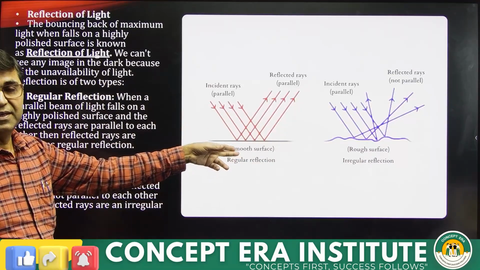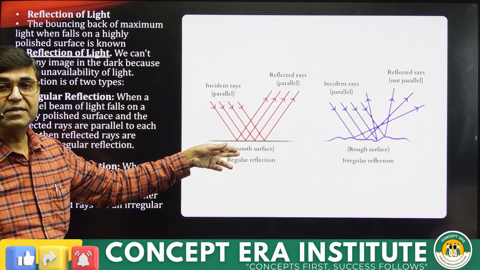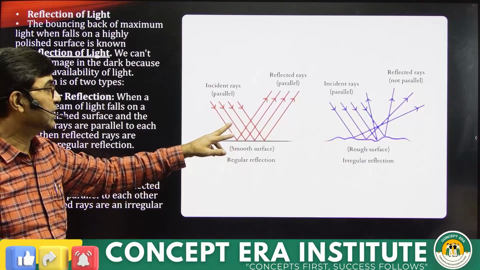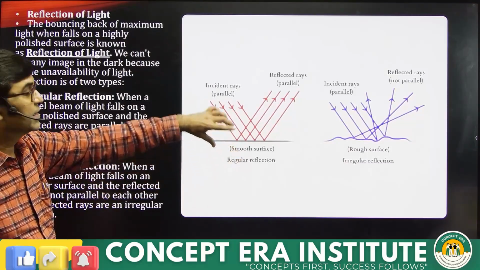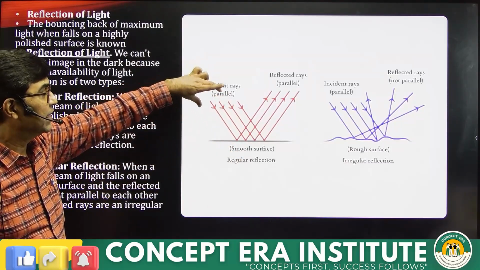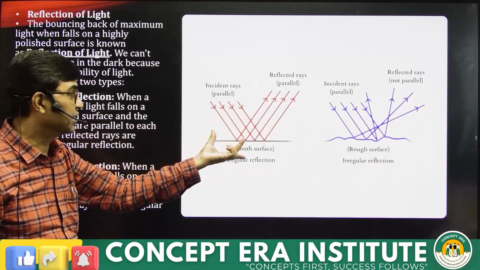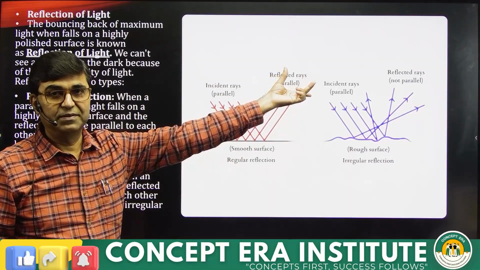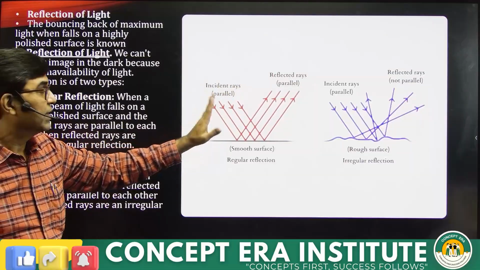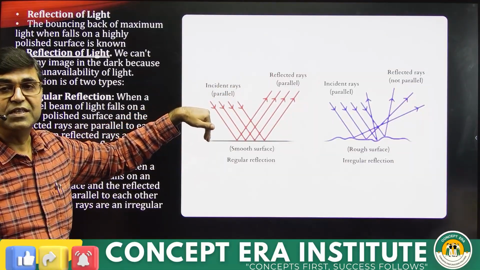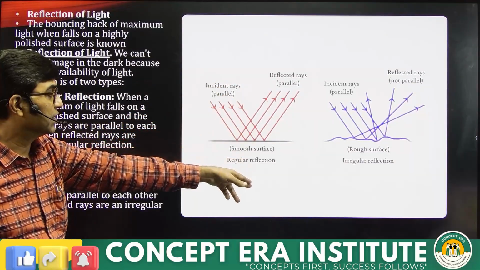Example, highly polished glass, steel plate, etc. Here you can see that light is incident in a particular pattern and is reflected back in the same pattern. There is no change in the individual distance between the rays. This is known as regular reflection.